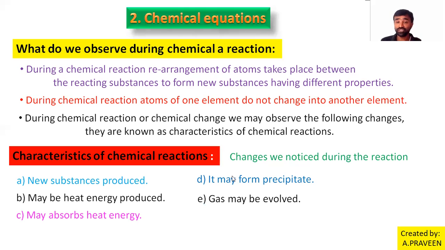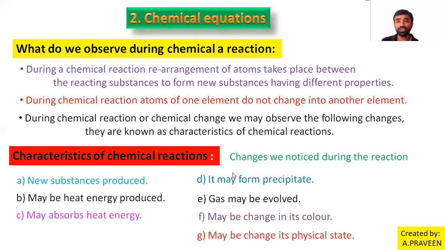Then we may observe a change in the color of the substances, right? Then the physical state also changes. Solid converted into liquid, or liquid converted into gas, or liquids may be converted into solids. Anything we may observe. Are you clear about these changes we noticed during the chemical reaction, and how I have written the characteristics of chemical reactions?